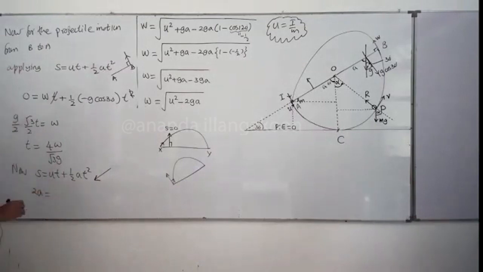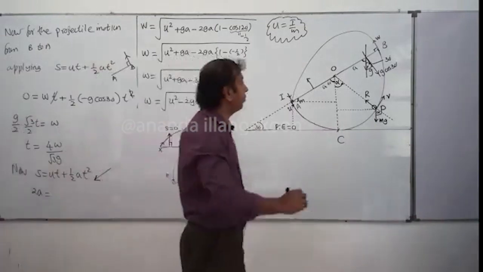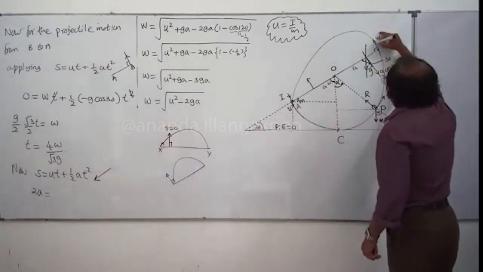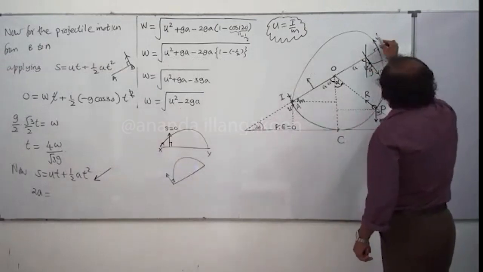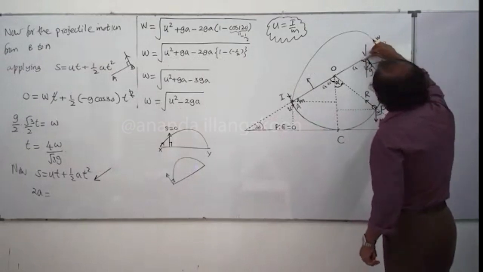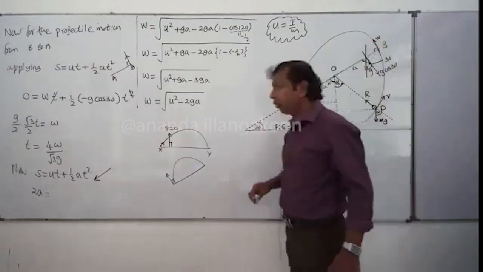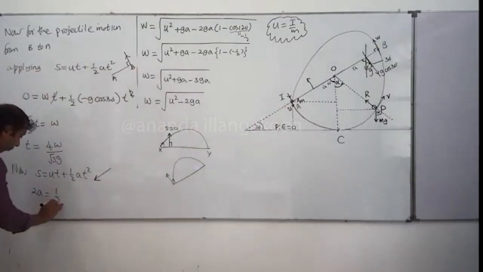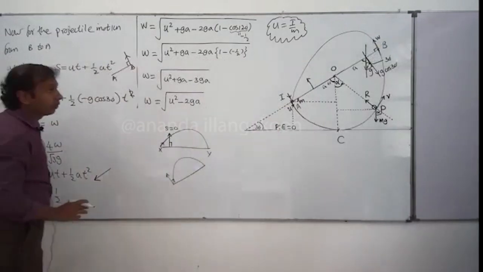U, the initial velocity here, is W. When we resolve in this direction, W cos 90 becomes 0. No initial velocity. U is 0. Ut product is 0. Half acceleration. What is that?